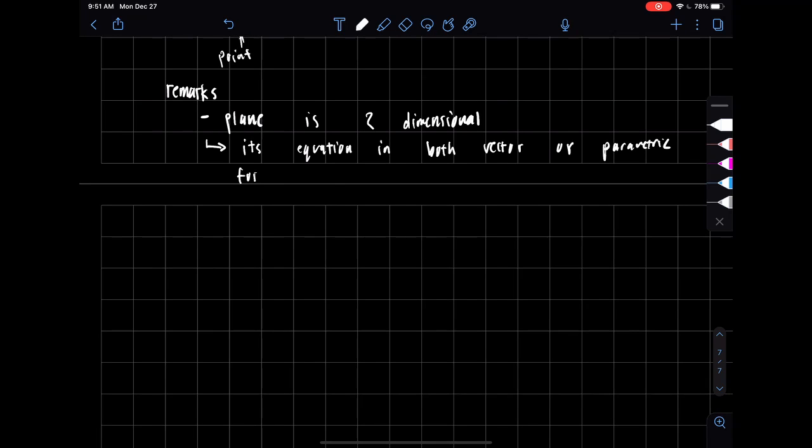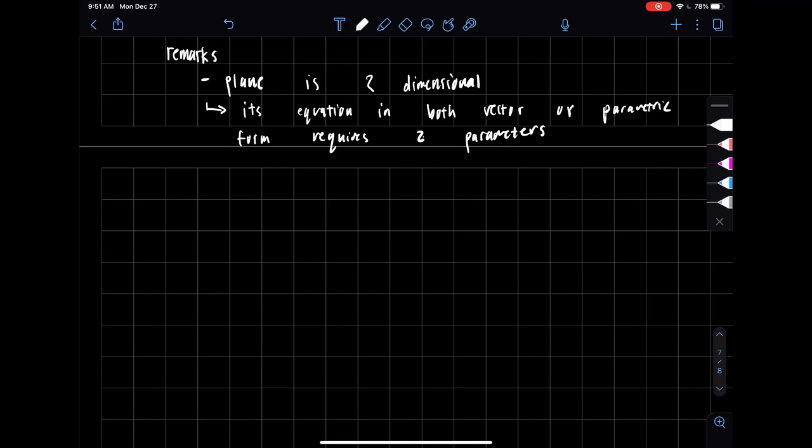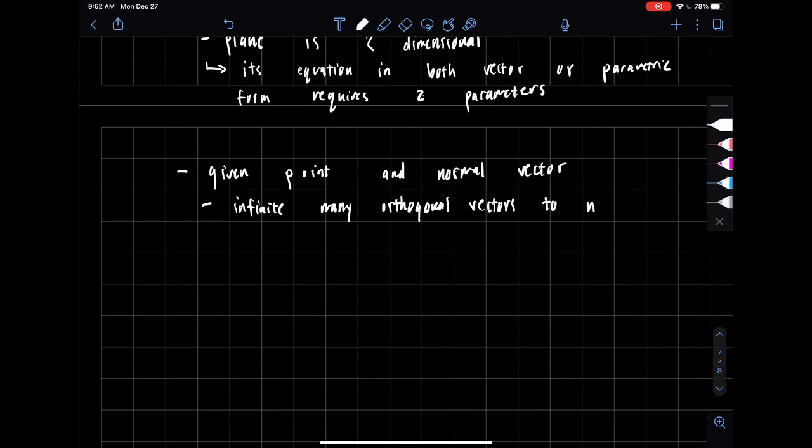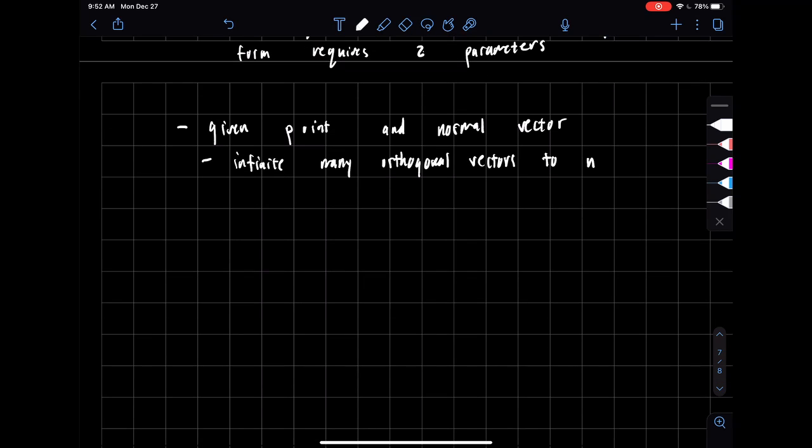Also, given a point and a normal vector n, there are infinitely many vectors orthogonal to n. I do not write this in the notes, but given a point and two non-parallel normal vectors, we will be able to identify a unique line. That is not important. Well, it is, but you won't need to know that for the notes.